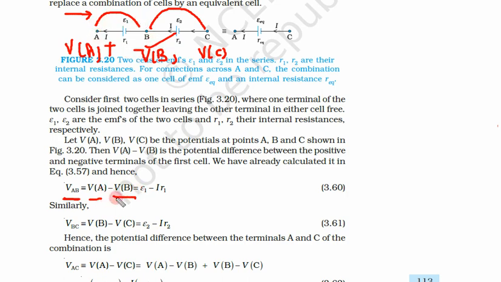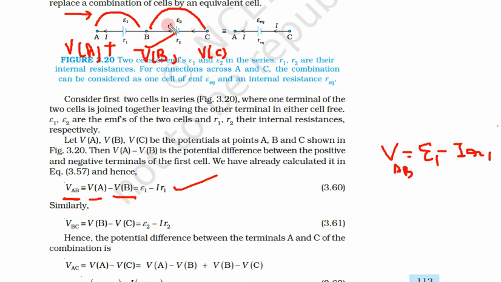We have calculated this previously: the potential drop for a cell is simply the EMF of the cell minus I times the internal resistance R. Since for the first one the EMF is epsilon 1 and internal resistance is R1, VAB is epsilon 1 minus I R1. So this is for the first one.